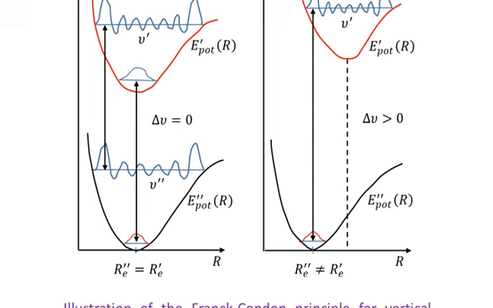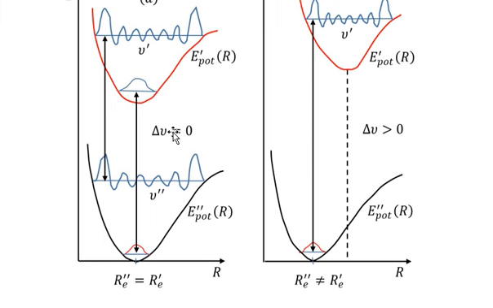Similarly, the same transition probability will also be observed at different locations, because both V single prime and V double prime are the same levels, and the transitions are being considered at different locations from the center of this nuclear separation.